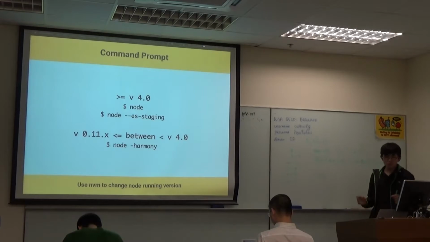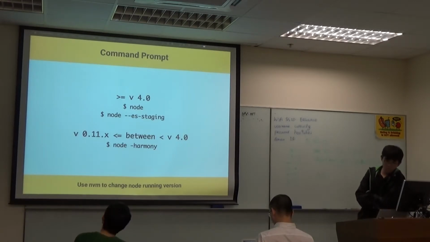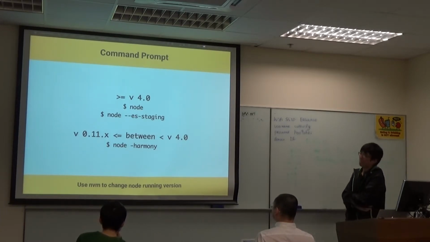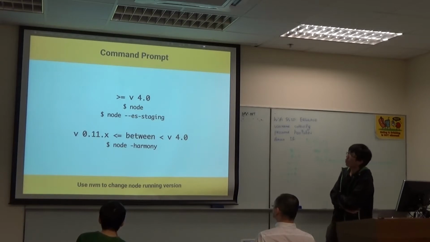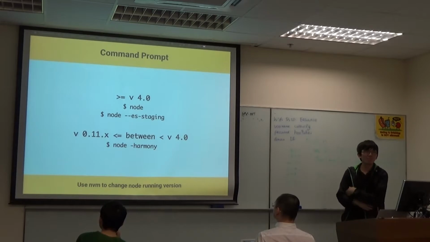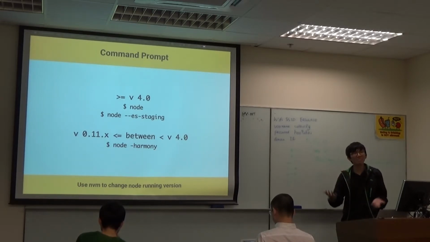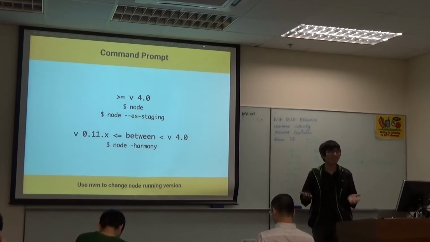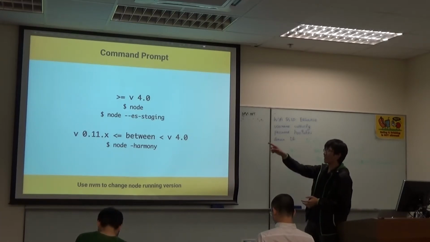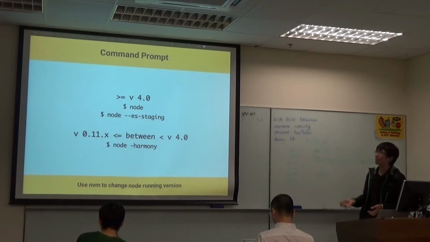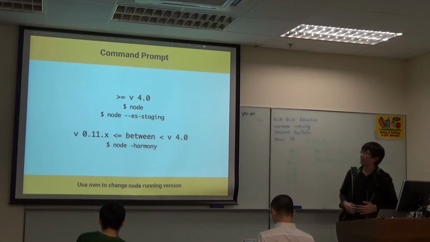So if you want to try ES6 in the command prompt, you may want to use the Node.js command prompt. It supports ES6 natively after version 4. But as I said before, some features in ES6 may still not be stable. If you want to use them, say spread operator or destructuring assignment, you may add a flag after node in one command line.